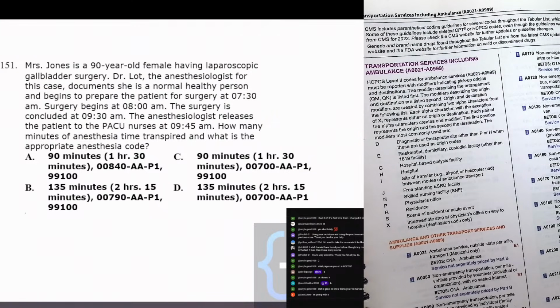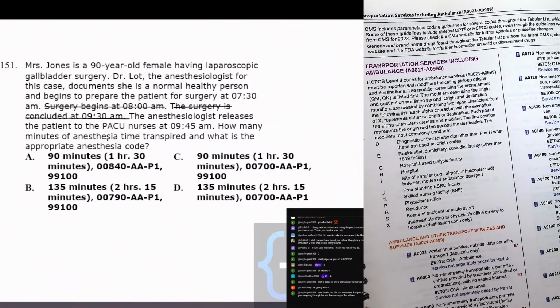Our question 151. What did you guys get? I think some people got A and some people got B. So what do we have to do? When we first see that we're doing time with anesthesia, we're going to get rid of surgery time, right? The surgery is concluded at whatever. We're going to get rid of that time. Don't need to know it. And I don't need to know that surgery began at that time.